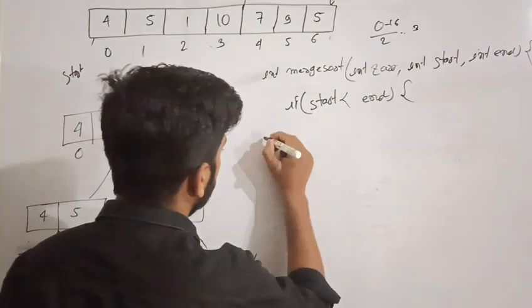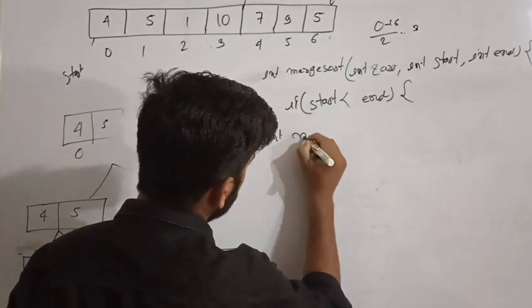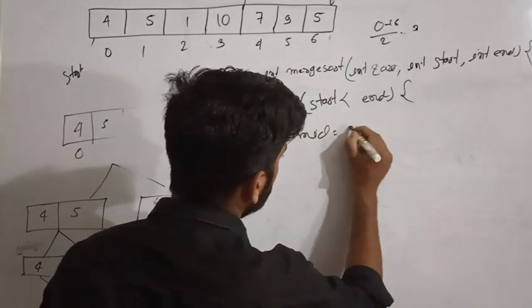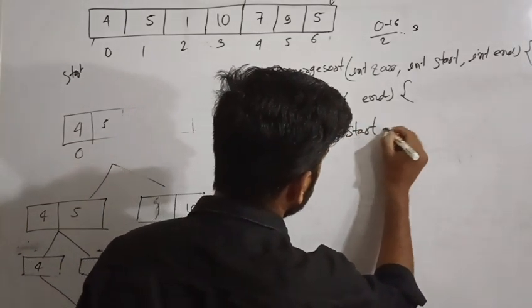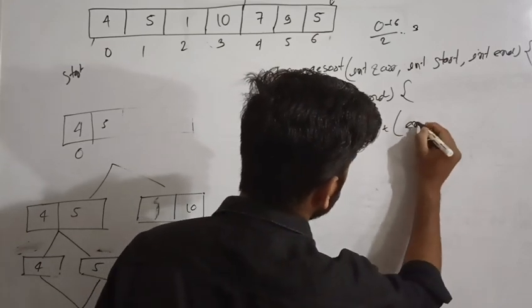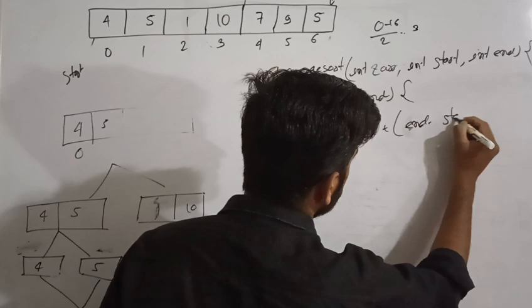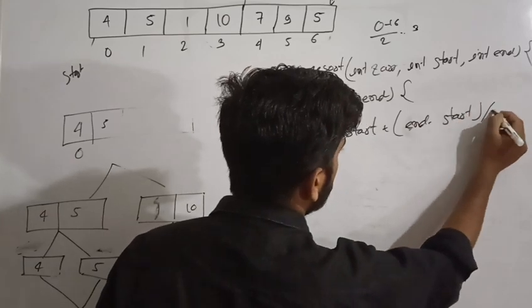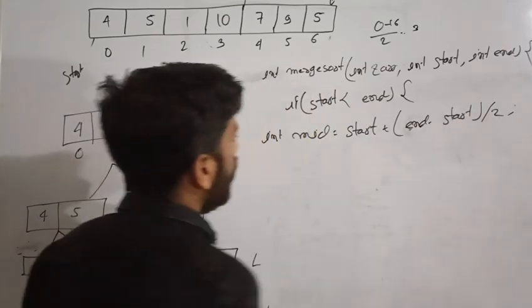Then divided into two halves. Okay, now here mid is equal to start plus end minus start by 2.